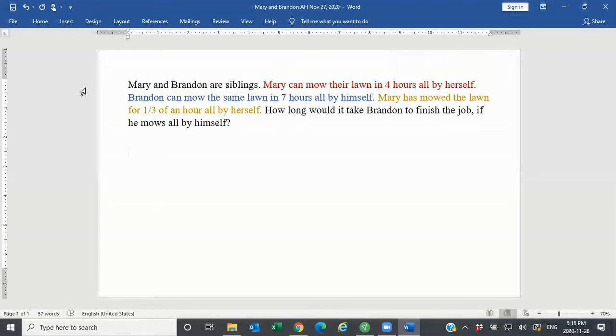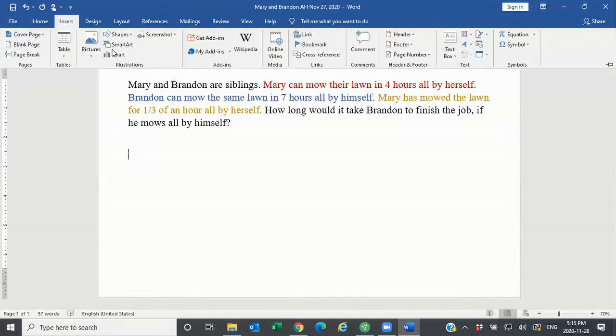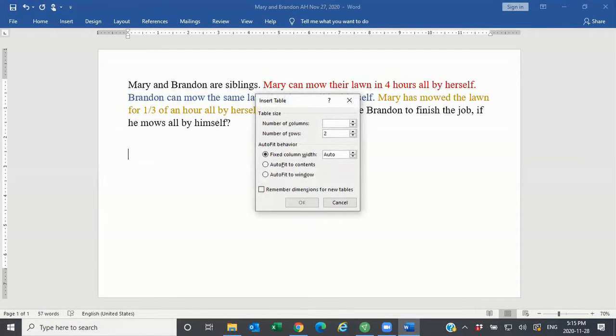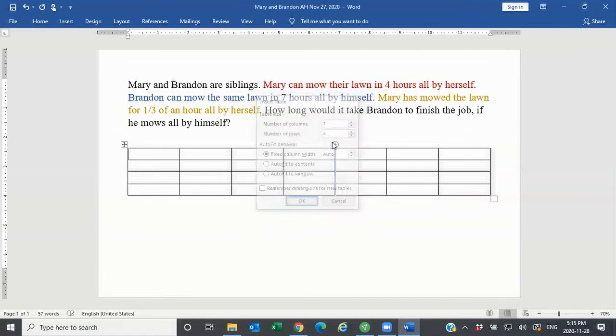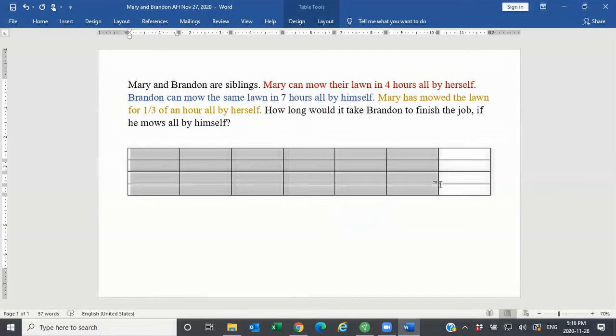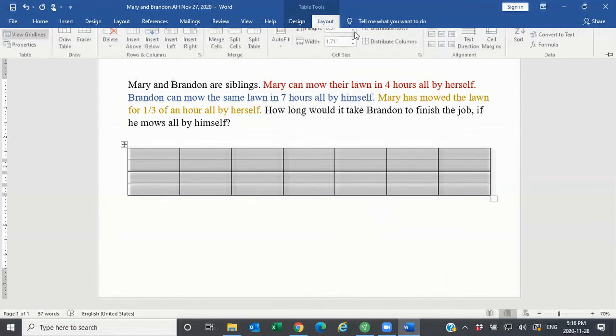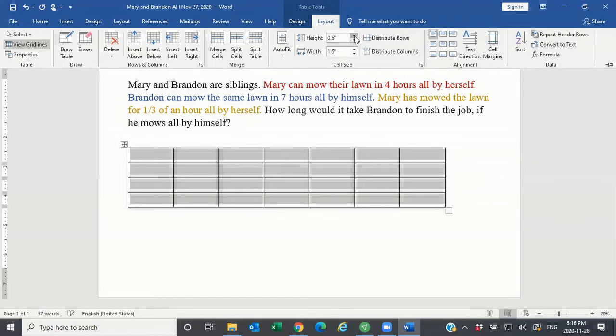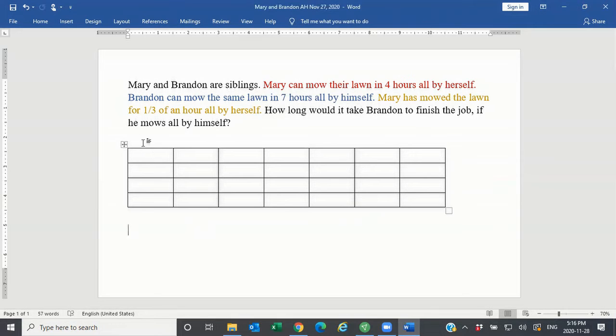It should have 28 cells altogether, and it will be a 4-row, 7-column table. There, here's the table.